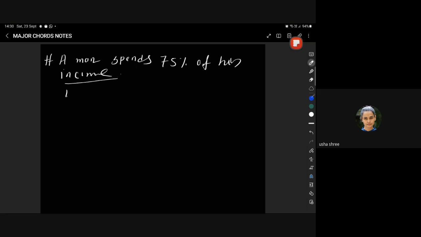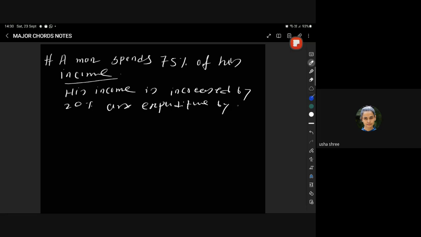Next, his income is increased by 20% and expenditure by 10%. His savings increased by how much?